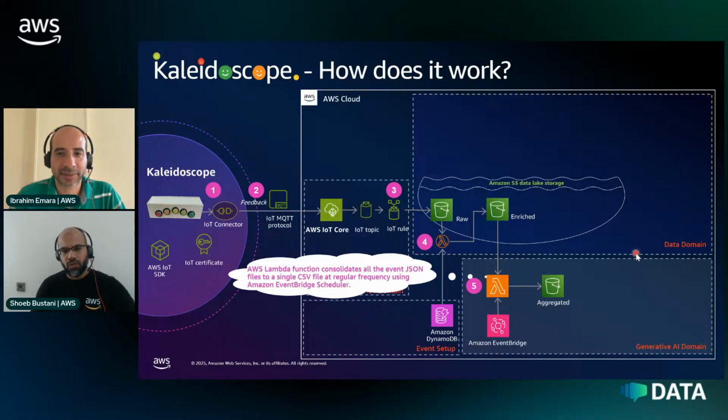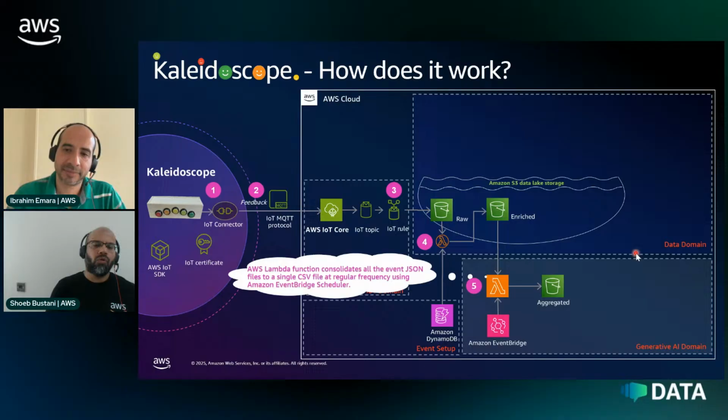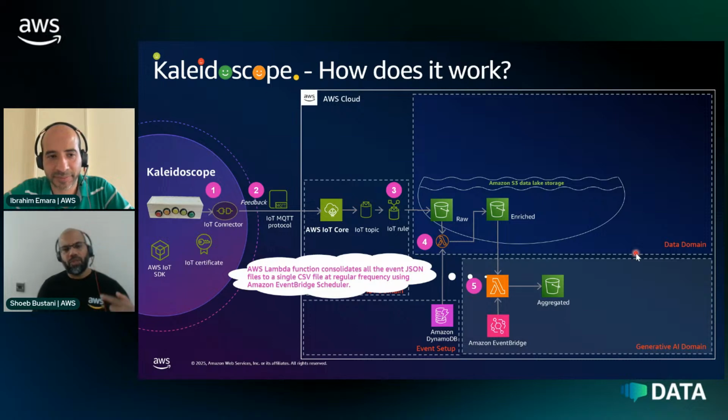Okay. So next step, once it has been enriched, we also do the aggregation part. Right now these are individual events, and we want to consolidate them. So this is where we have created an EventBridge Scheduler, which runs another Lambda function every half an hour, which goes to the particular bucket, combines the data into a single CSV file, and puts it into the aggregated bucket, because that's what we want to use.